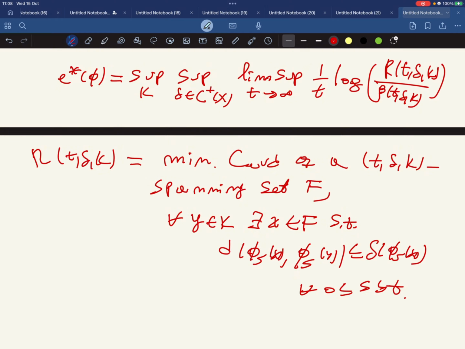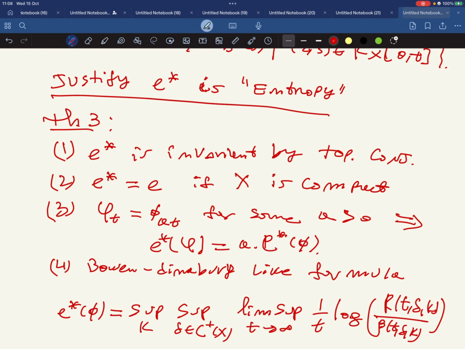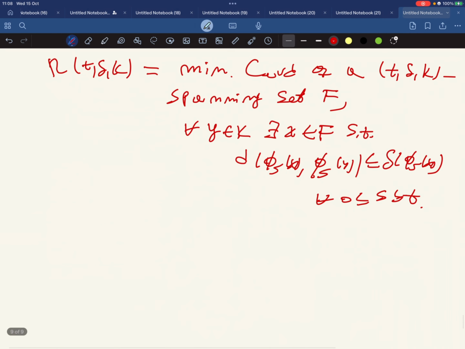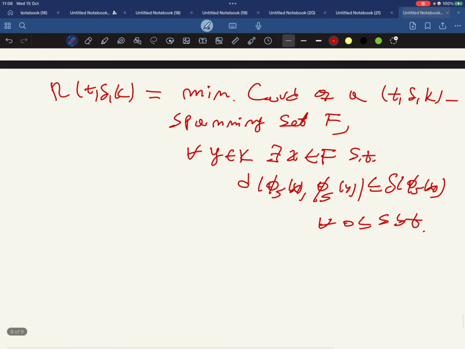Okay, so this theorem is the justification for the name entropy for this A star. I mean, the behavior is as good as the classical entropy.